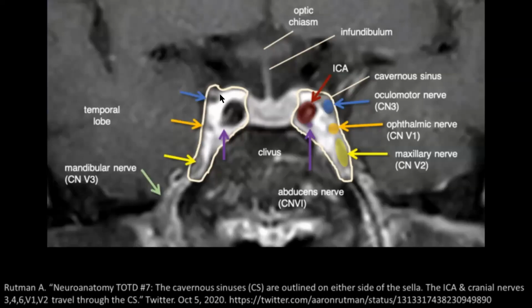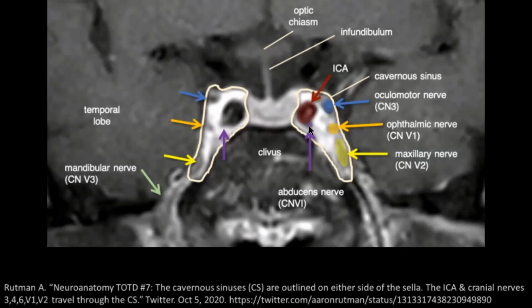What is key for knowing the answer to this question is that the third cranial nerve is located at the superior lateralmost portion of the cavernous sinuses in the coronal image, located around here. And then you may recall from anatomy class in medical school that there's also V1 and V2 nerves. Somewhere around here is the fourth cranial nerve, but it is so small that it is not visible on MRI.